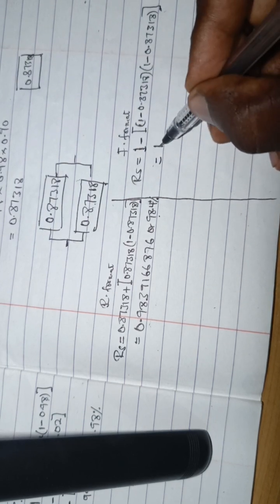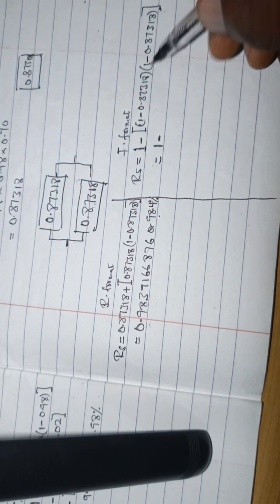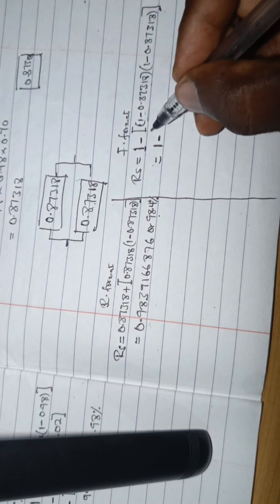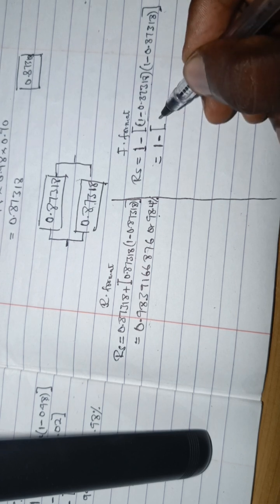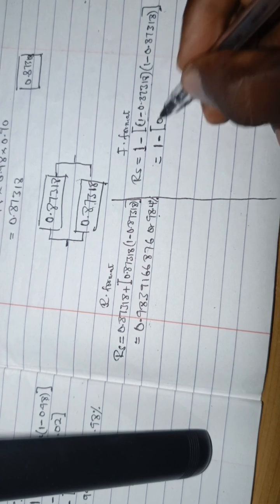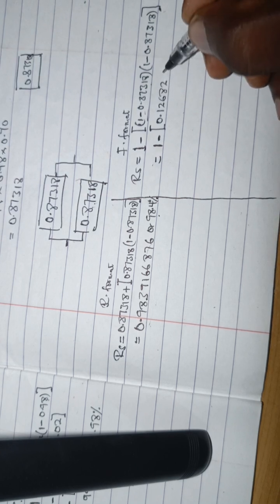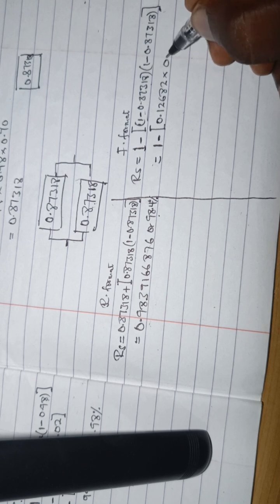All right, so then we continue. We bring our 1 here, then we subtract these from each other. So we first subtract this one. So big brackets. When you subtract this, you are going to get 0.12682. Okay, which is multiplying another 0.12682.